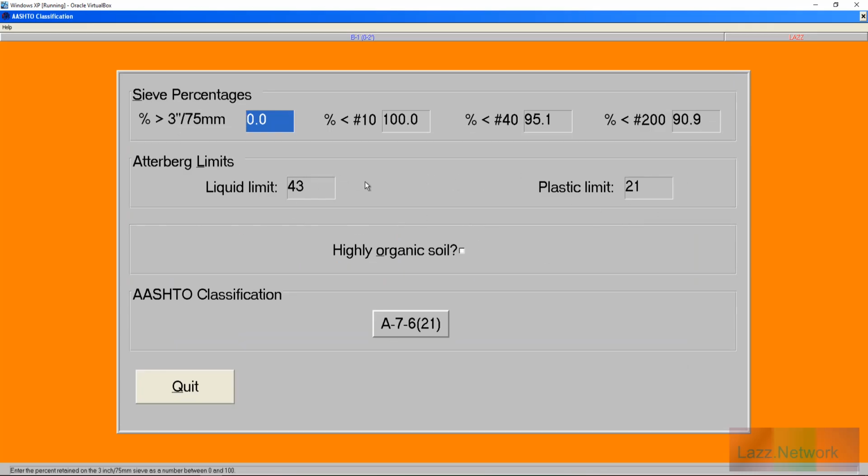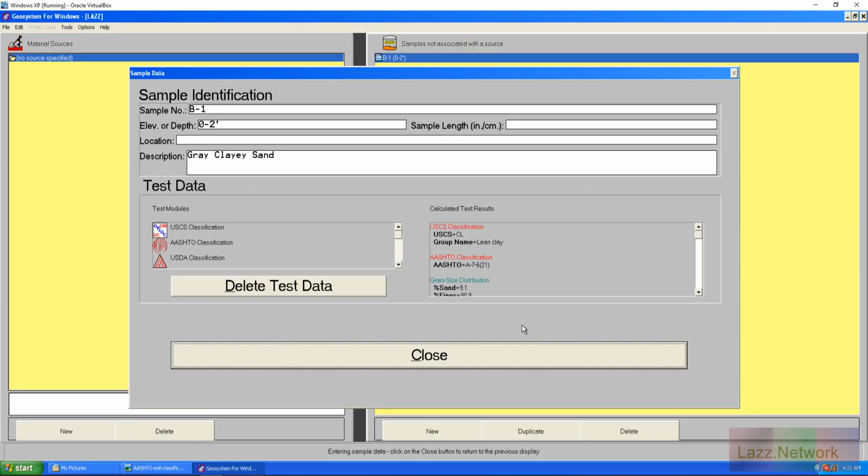And our plastic index is only 22 because it's 43 minus 21. So our plastic index would be 22. So why is it? I'm not too sure why it's doing that. That's very weird.